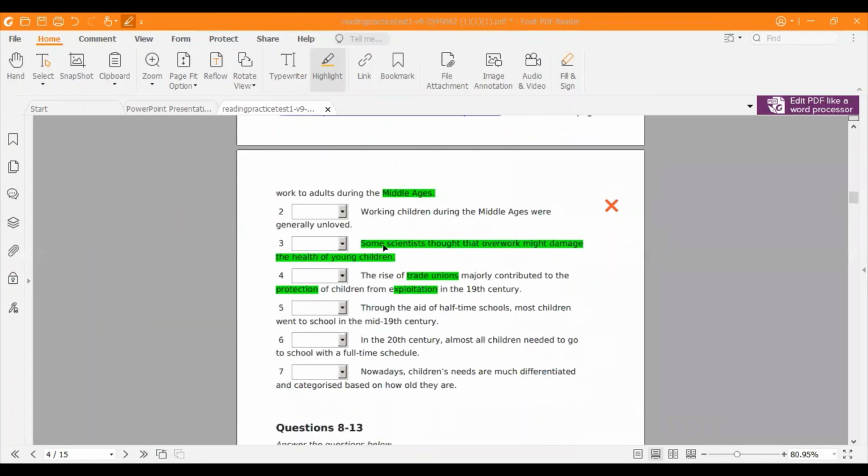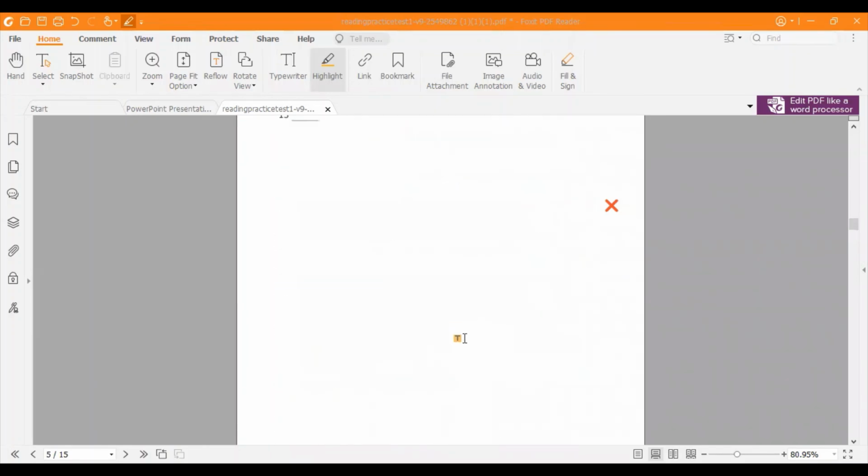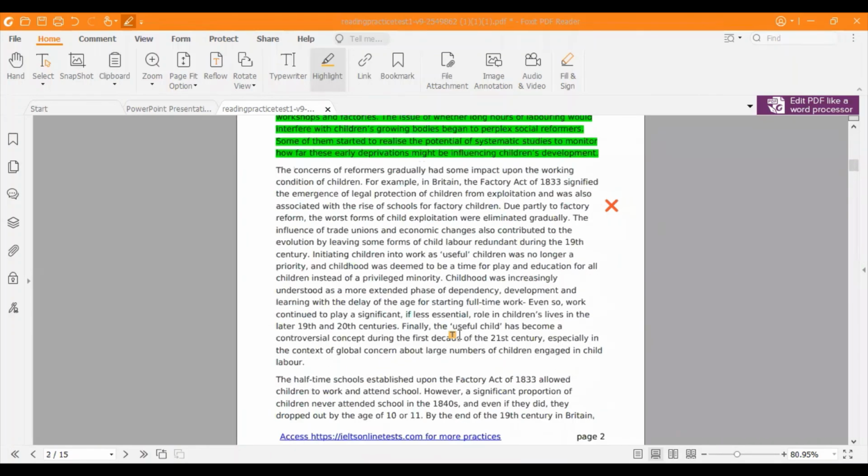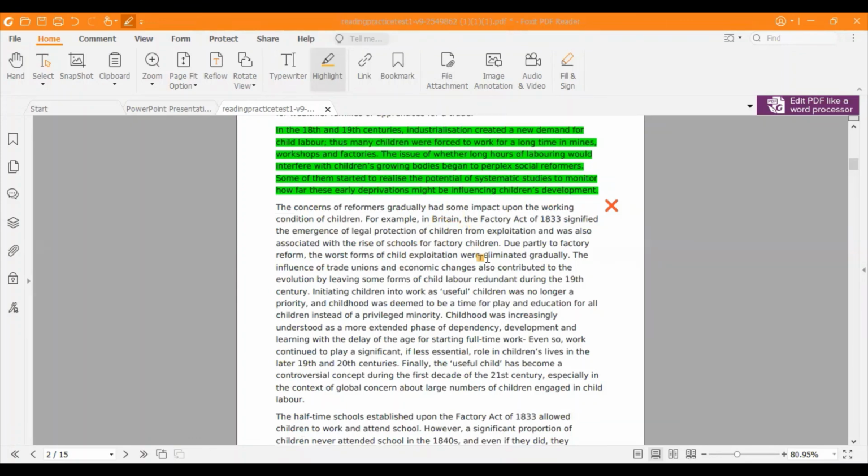So here he said the rise of trade unions. Okay, so this is what we talk about. Is this really trade unions, the associations, trade and unions, mainly contributed to protecting children from exploitation in the nineteenth century? Is this statement the same as what Mahmoud is talking about? It's false because here it says, let me check.